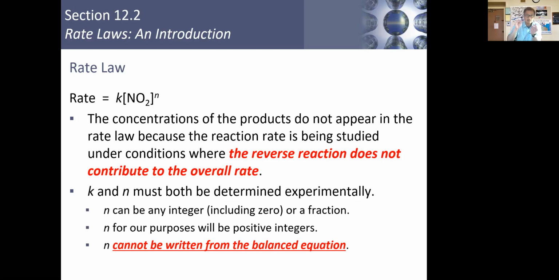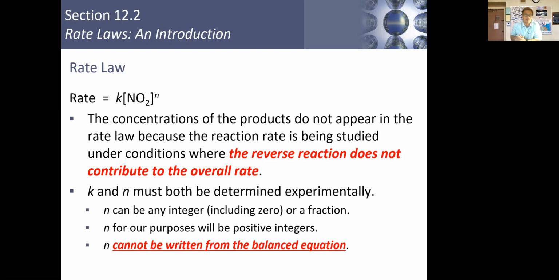It isn't. The rate constant and the order number, the exponent N, both of those have to be obtained experimentally, and we will obtain them experimentally and calculate for those as well. N can be any integer, and it can even be a fraction.